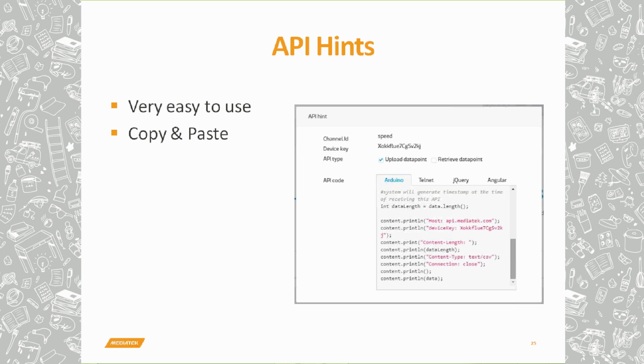Once you have created your data channels, you can just go to the data channel and click on API hint, and we will provide you the whole source code needed to upload data to that data point. As you can see on the screenshot, we have it for different environments: Arduino, but also Telnet, jQuery, and Angular, both for uploading data points and for retrieving data points.